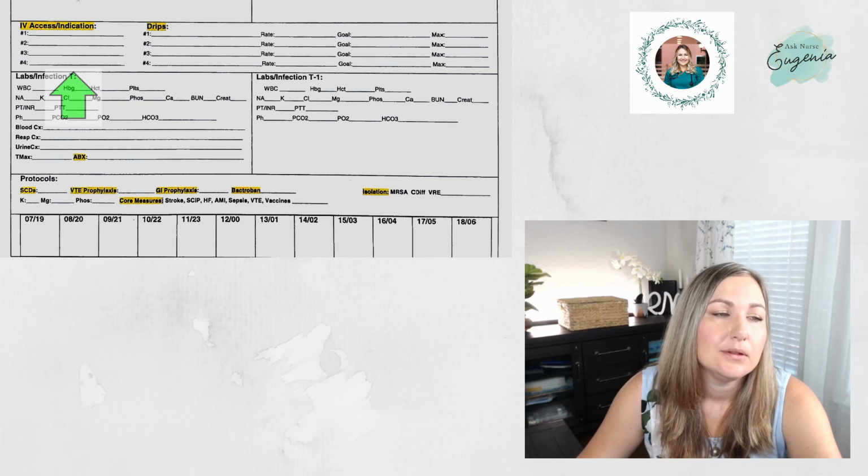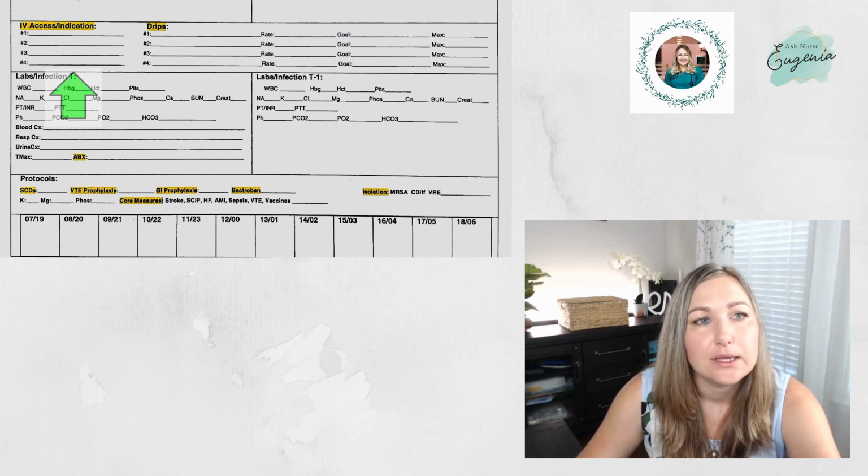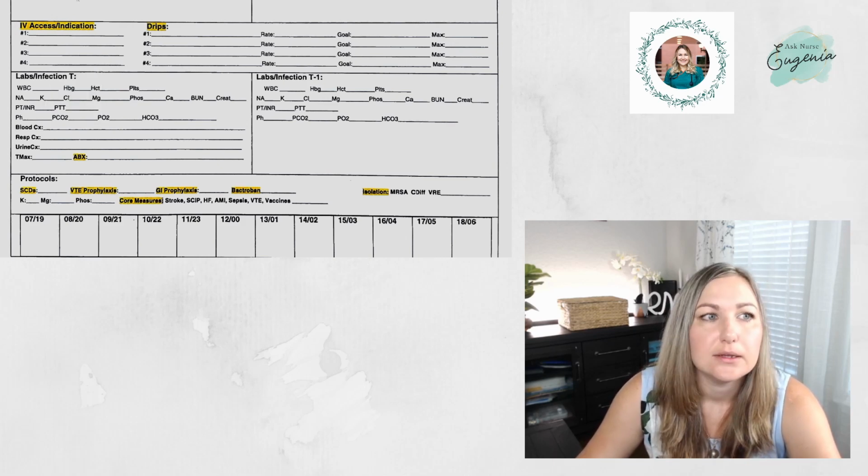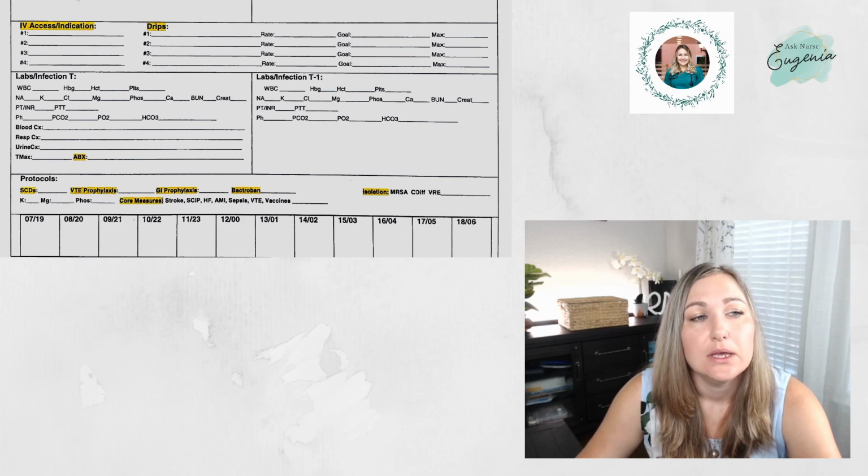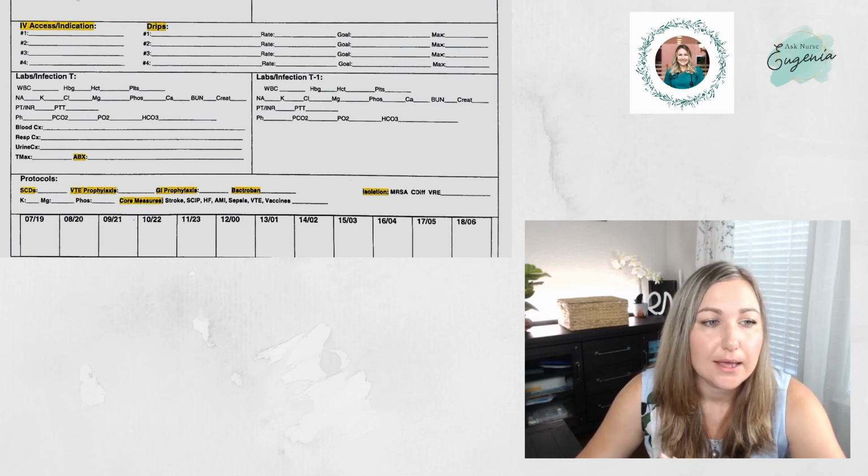I would put right forearm, 20 gauge, PIV, so that would be a 20 gauge peripherally inserted IV. And then just all the IVs that they have. And if they're old and loose, you can DC them. And if you start a new one, you can just quickly write down what all you have. So that helps keep up with that.